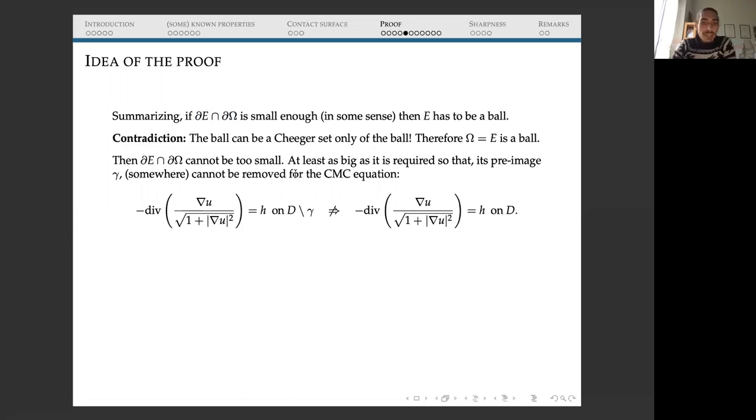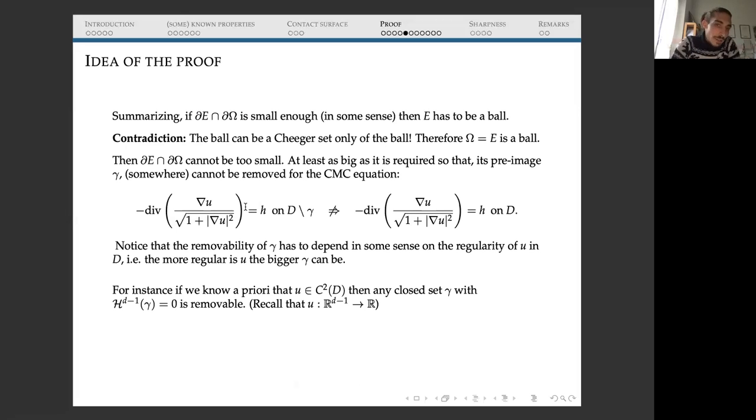It has to be at least as big as is required so that this removal cannot be performed. So basically we will look for the biggest sizes for which this removal can occur, or if you want, for the smallest sizes for which this removal cannot occur anymore. Okay, so we will study, and that's where removable singularities kick in.